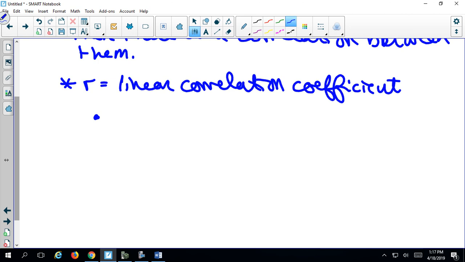So R is always between -1 and 1. If R is positive, then we have positive correlation.